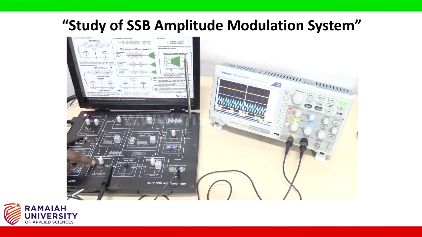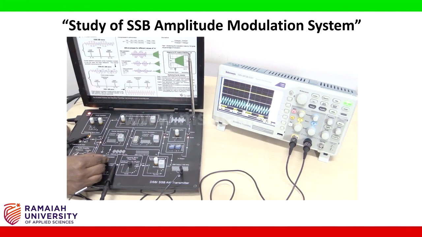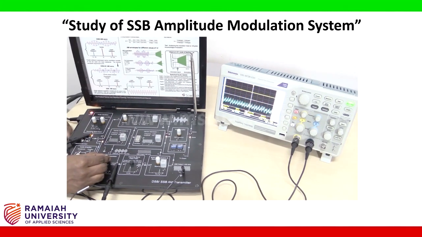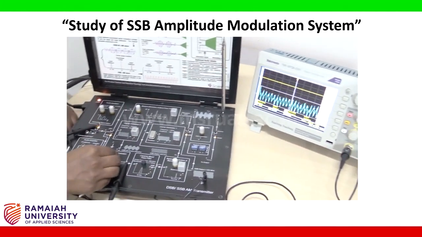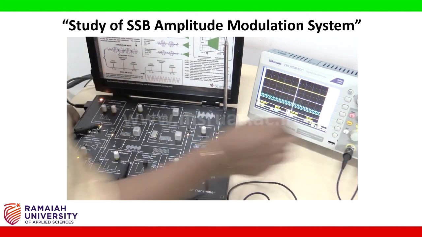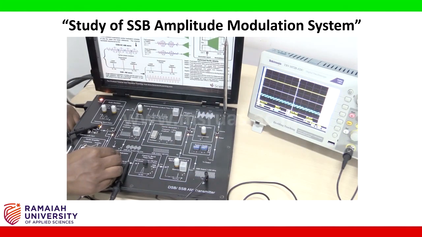Now the balance knob here has to be tuned such that it becomes 0. So you can decrease the voltage scale and make this 0, almost 0. This is more.